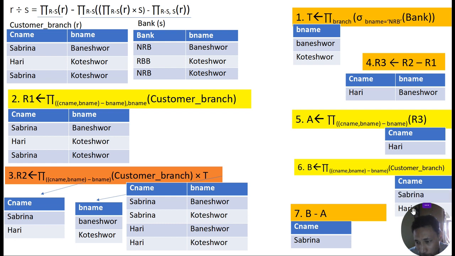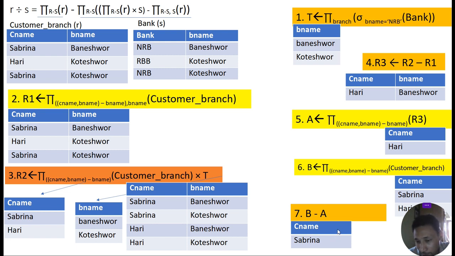After projecting this we will get Sabrina and Hari. Then in the seventh step we take the difference between B and A. We will subtract A from B. In B we have Sabrina and Hari, and in A we have only Hari. So Sabrina is the name that appears in B but not in A. So the name remaining here is Sabrina.